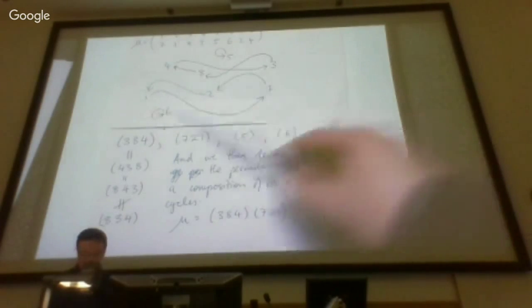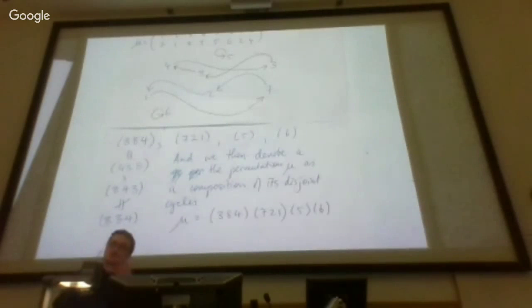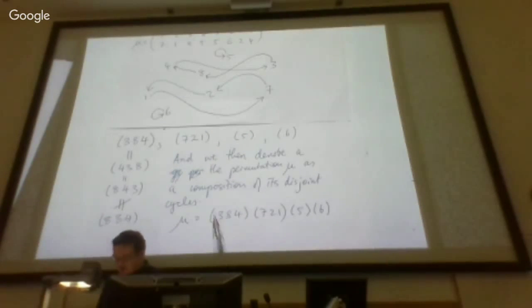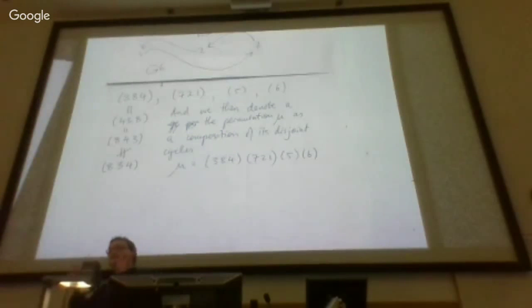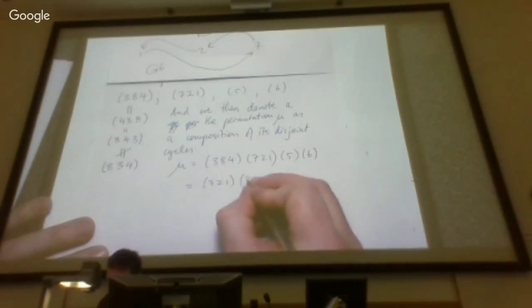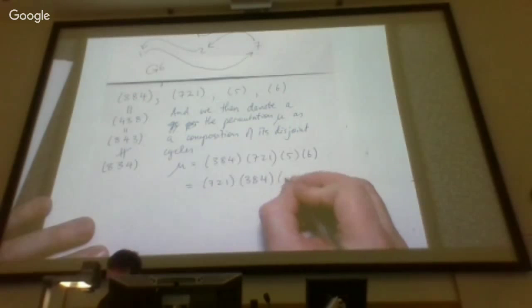If you apply this cycle first, and then this cycle, because the cycles are disjoint, they don't interfere with each other. So that means, actually, disjoint cycles commute. You can flip their position. So equally well, this is equal to this.